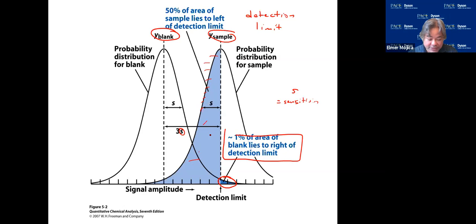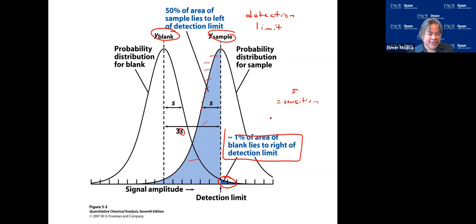The area of any region is proportional to the number of measurements in that region. So only 1% of the measurements for a blank are expected to exceed the detection limit here. Okay. However, 50% of the measurements of a sample containing analyte at the detection limit will be below the detection level.